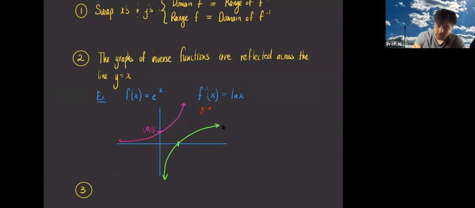And it crosses here now, we swap the x and the y's, 1, 0. You see that? That's an example of what it means for two graphs to be inverses of one another. The graphs of each other are just reflections across the line y equals x. You reflect it across that line and then you get the other graph.